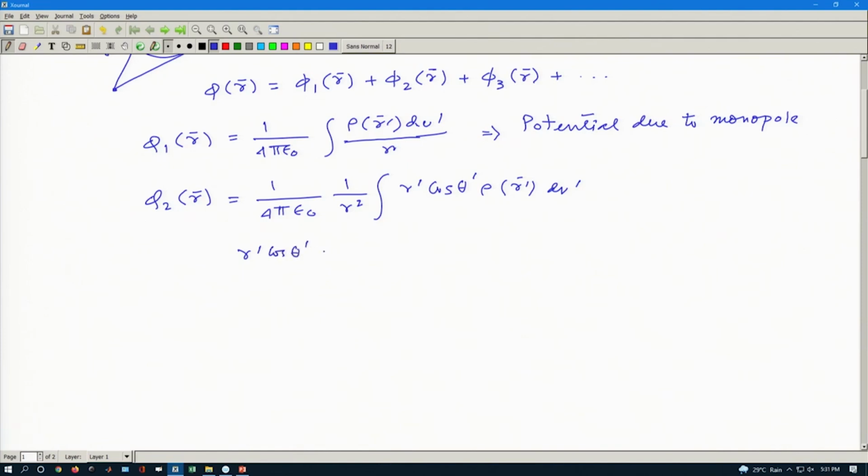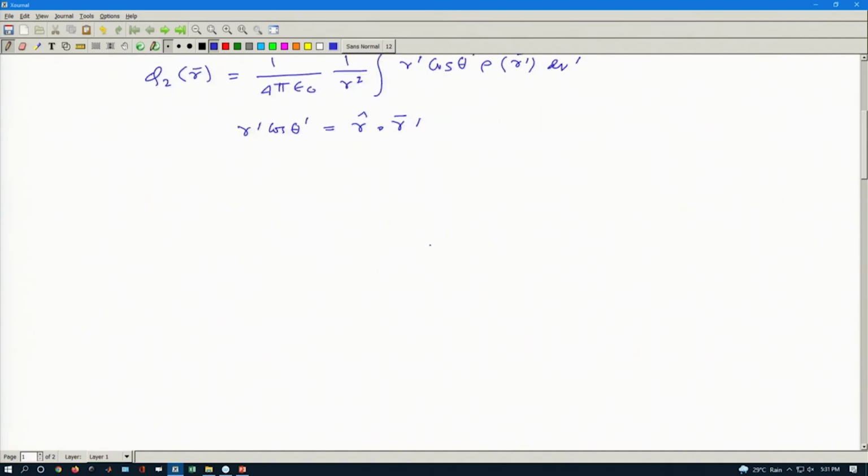Now, r prime cos theta prime, we wrote as unit vector r dot r prime.